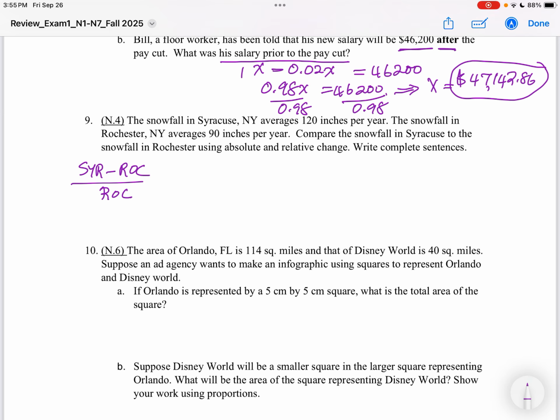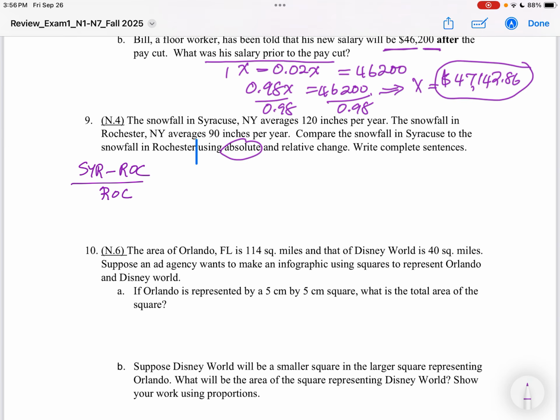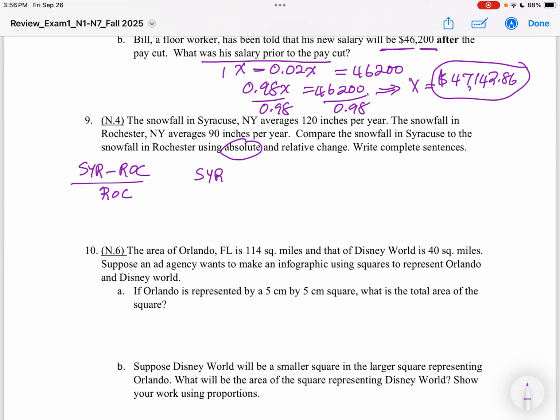Just put the wording in appropriately. All right, first let's do absolute change. So we're going to do Syracuse minus Rochester. And that would be 120 minus 90 inches. So that's 30 inches. This is your absolute change.